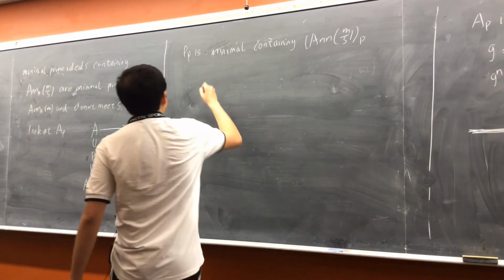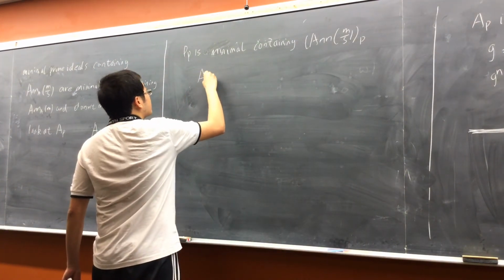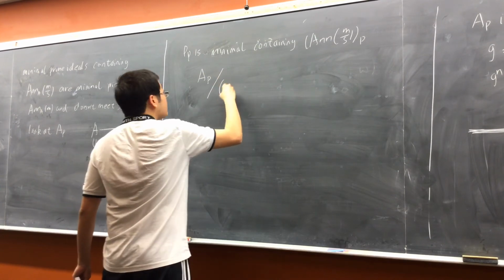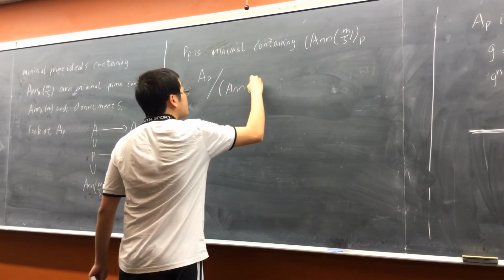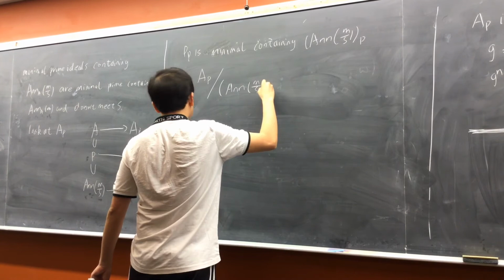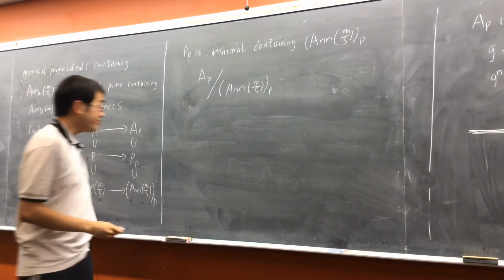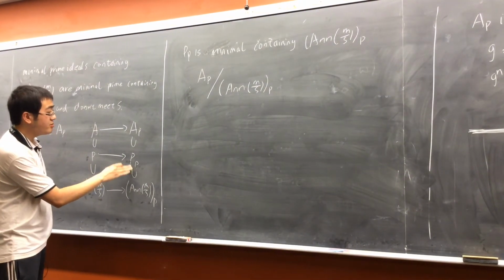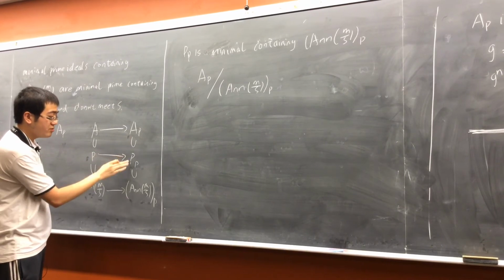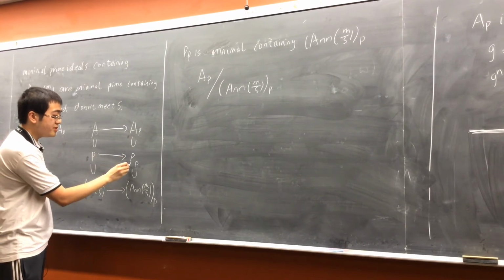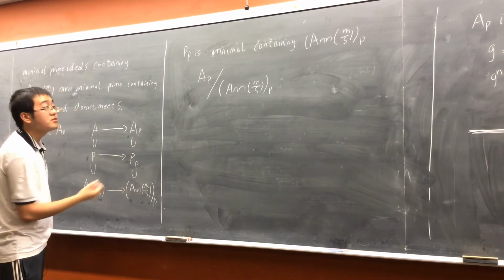So what does this mean? It means that if you look at this set, remember, P_P is the maximal ideal in A_P. It's also the minimal one containing this. So that means P is the only prime ideal between these two sets.